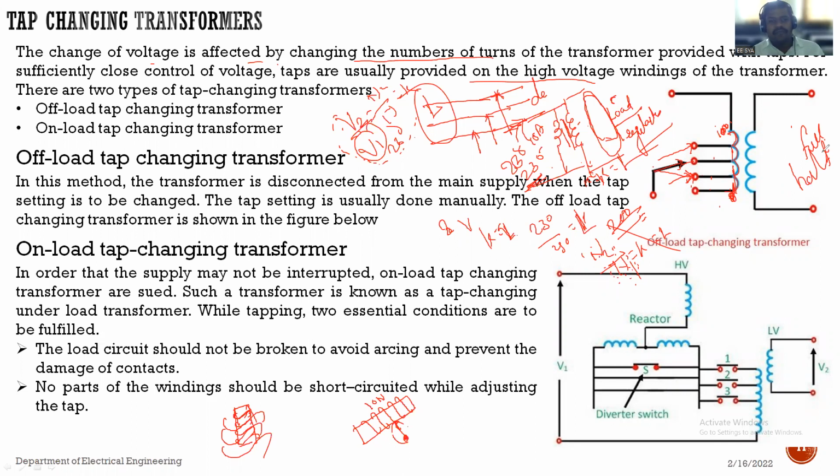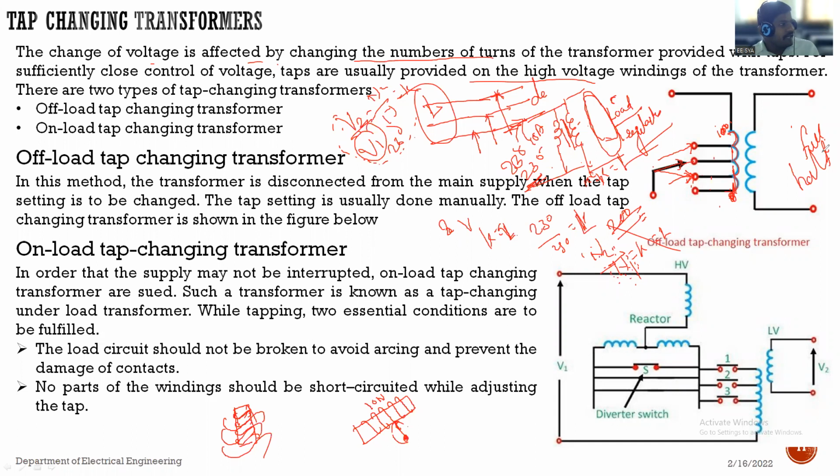So see, understood first point. Taps are always provided on high voltage. Tap जे आहेत ते it is always provided from high voltage, because in case of core type transformer, LV winding is wound above the core, and above that LV winding, the HV winding can be wound. So it is not possible to take the terminal out from the LV winding.